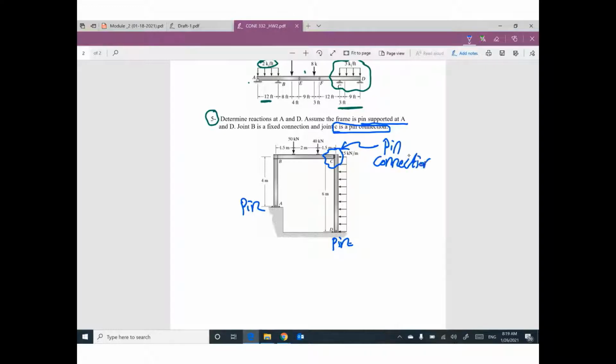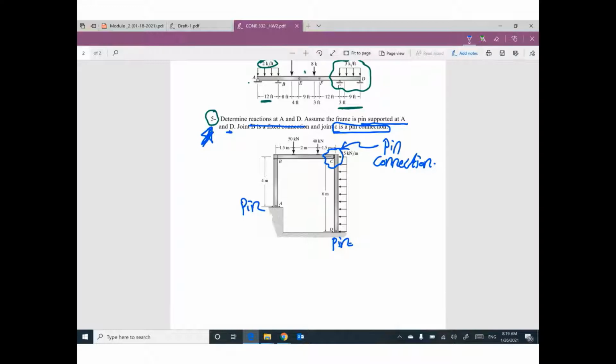You don't need to figure out this information from the diagram, from the picture, from the figure, but you have to read your problem carefully. I can figure out what type of supports by reading the problem. We have pin support at A and D. B is fixed connection. I don't care. Joint C is pin connection.